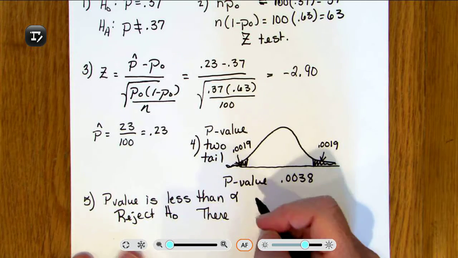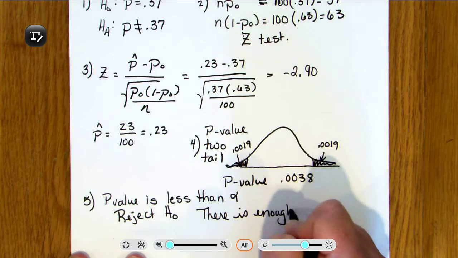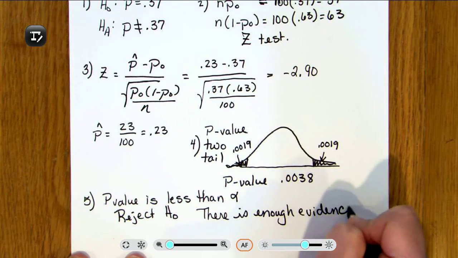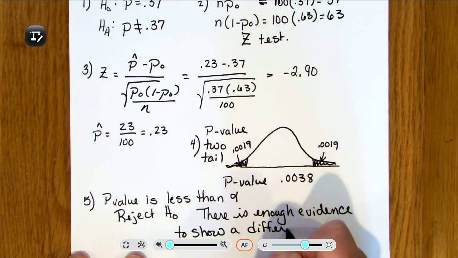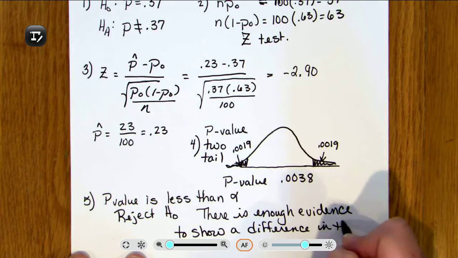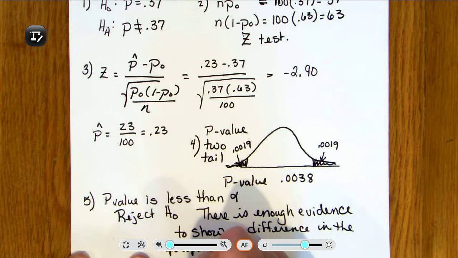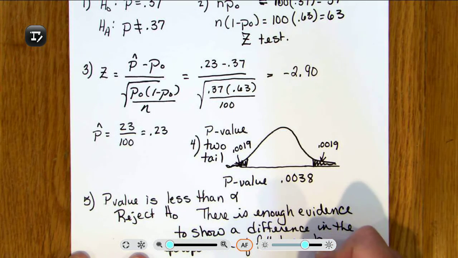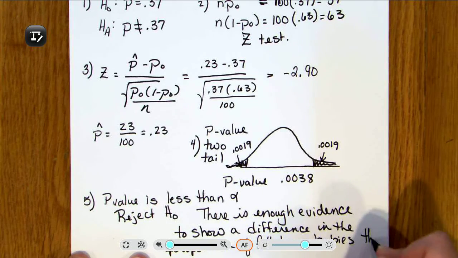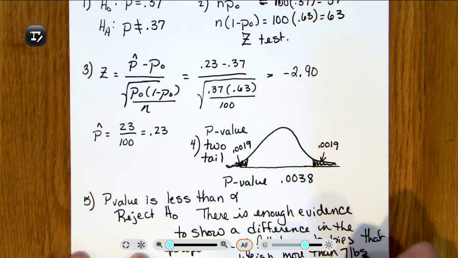But for us, we have now shown that there is enough evidence to show a difference in the proportion of full-term babies that weigh more than 7 pounds, 2 ounces.